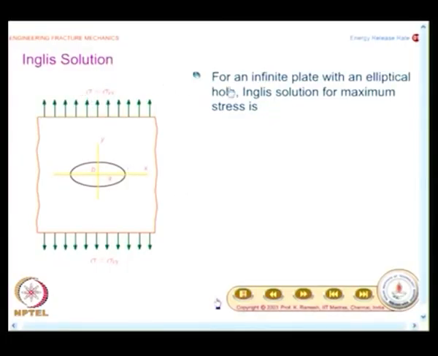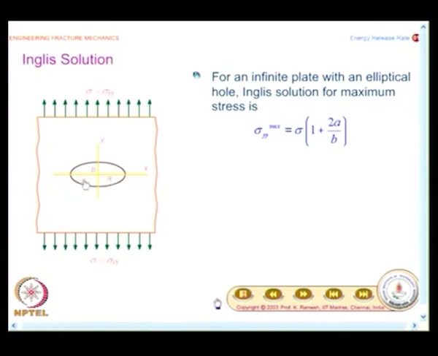You have got, for an infinite plate with an elliptical hole, the maximum stress is given as sigma into 1 plus 2a by b. And what you will have to look at is, many aspects in fracture mechanics come from your problem of elliptical hole. When you take an ellipse, you take the major axis as 2a and you also label the crack length as 2a.